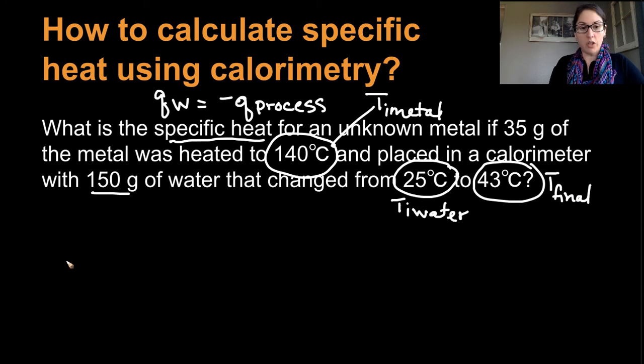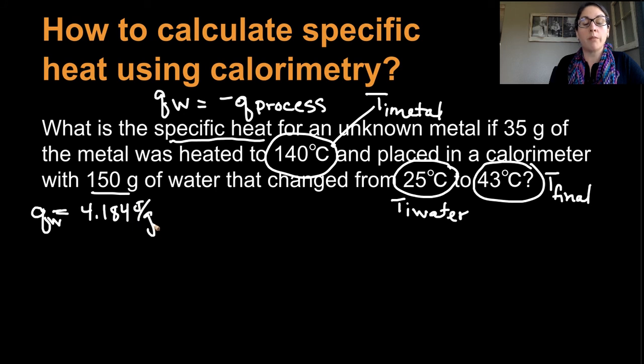So in order to solve this, what I need to do is solve first for how much heat the water was able to absorb, because it's actually an endothermic process for the water. So for the water, we're again going to have our specific heat of water, 4.184 joules per gram degree Celsius. We're going to multiply that times the mass of water.